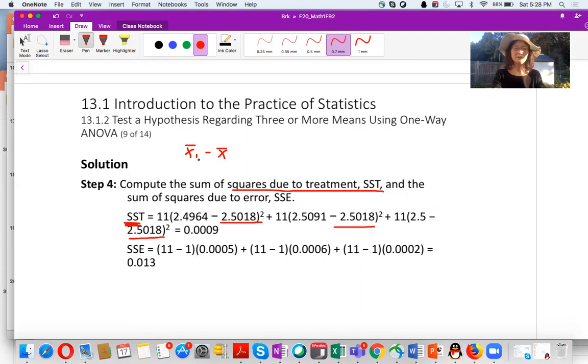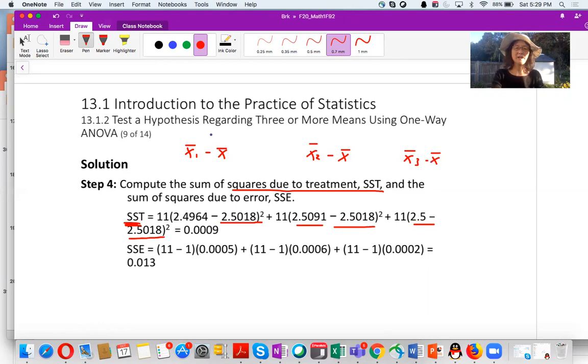And remember, we also produced the sample 1 mean x1 bar. And this one here is x2 bar, sample 2 average minus the overall average. And this number here is sample 3 average minus overall.